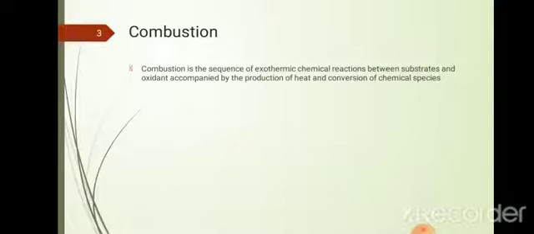The oxidant will be either pure oxygen or air, and we convert this biomass into chemical species, and as a result of this reaction we get heat. This is a simple reaction: we have biomass or waste products, we burn it with air, and mainly we get carbon dioxide and water vapor as products, and additionally we get heat.